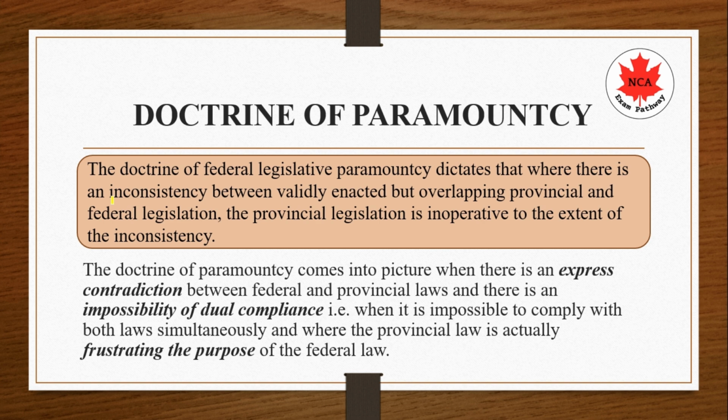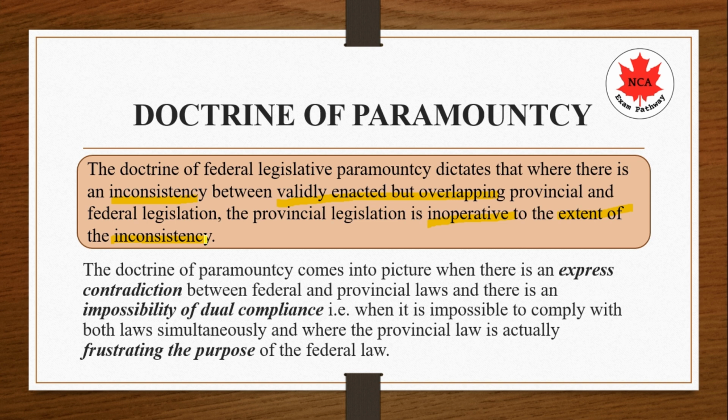The doctrine of federal legislative paramountcy dictates that where there is an inconsistency between validly enacted but overlapping provincial and federal legislation, the provincial legislation is inoperative to the extent of inconsistency.